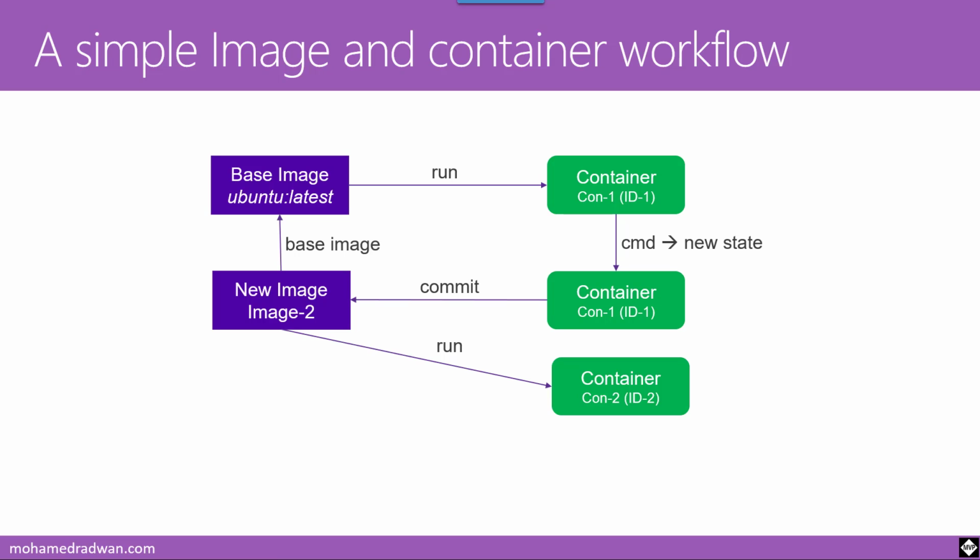But of course, if I create another container from the base image, it will not include these changes. All new running containers from image 2 will include these changes, but each new container will have its own state, which will not exist in the image that is used to create that container.